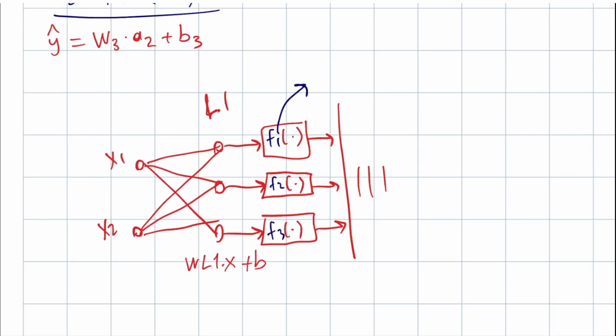Really strange functions as an activation. For some reason you like to use leaky ReLU and you like to use ReLU, and in the activation for that neuron you want to use sigmoid.